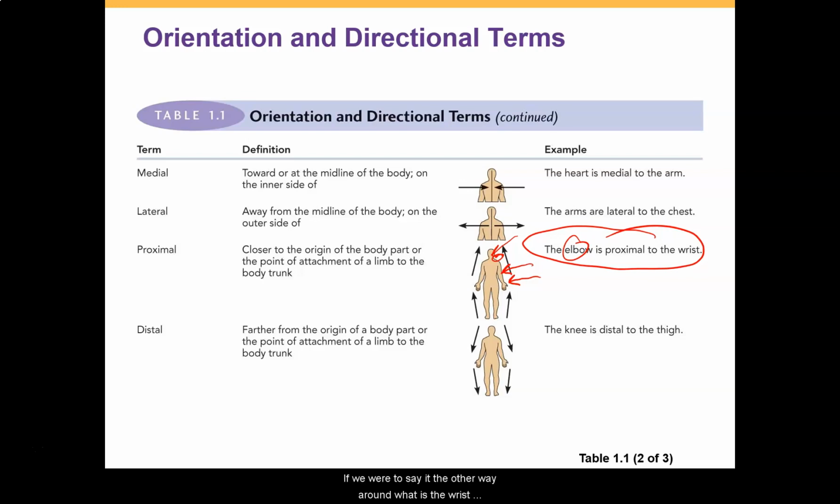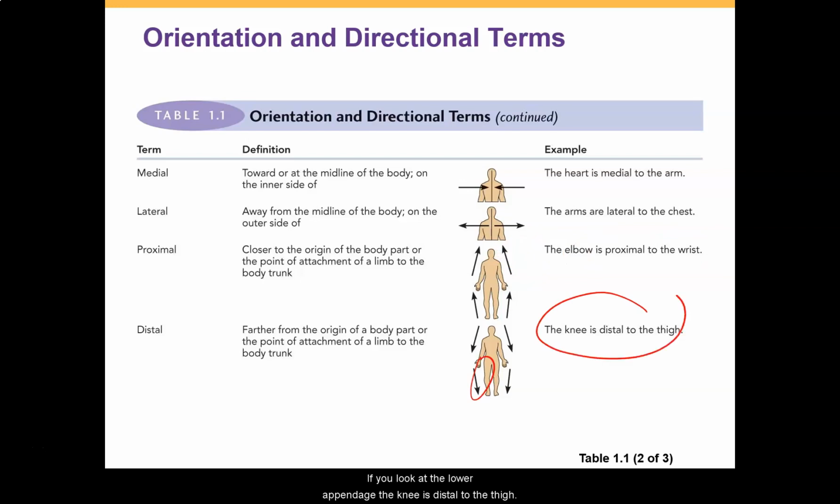If we were to say it the other way around, what is the wrist to the elbow? The wrist would be distal to the elbow, meaning the wrist is further away from the attachment point, the shoulder, compared to the elbow. If we look at the lower appendage, the knee is distal to the thigh.